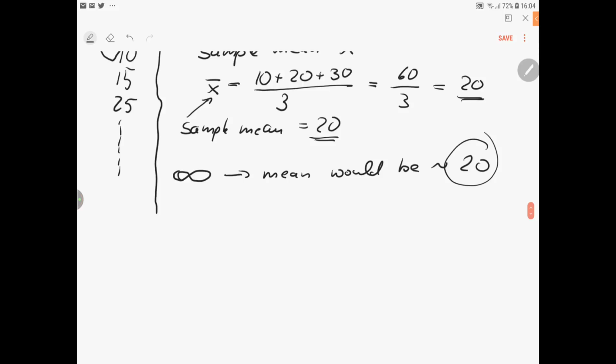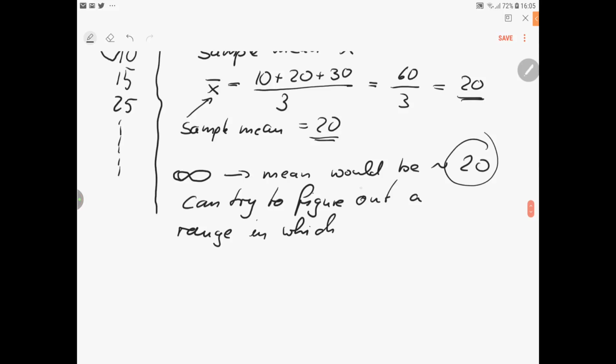Although we just have 3 samples, it would be very difficult to say that our mean, when we did the experiment 1,000 times, will be exactly 20, but we can try to figure out a range in which the mean of all the experiment is located. So how do we do that?